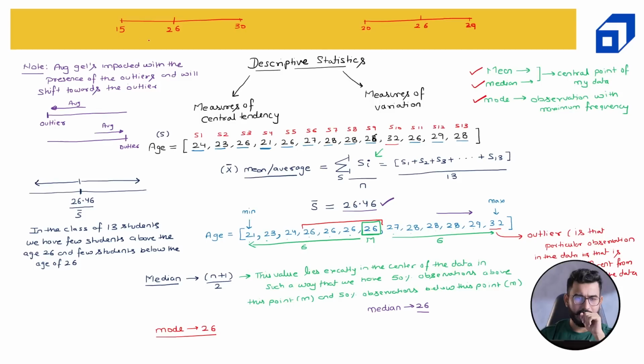Now here you see that the values are very far away from the center, there is a high variation, while here the values are not so far away from the center, the variation is low. So measures of variation try to quantify this variation: given a particular data, how much the values are scattered around the center. This is what we are going to learn in measures of variation, which is our next topic.